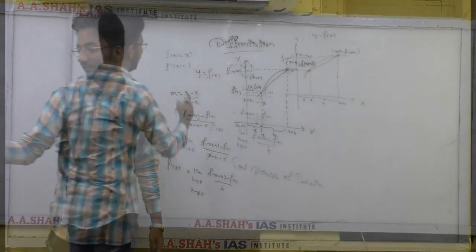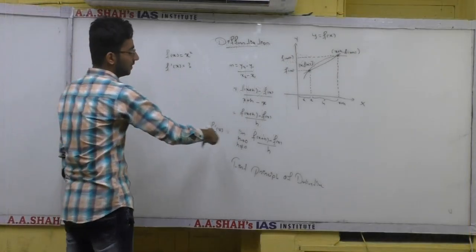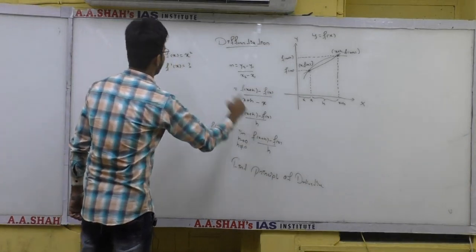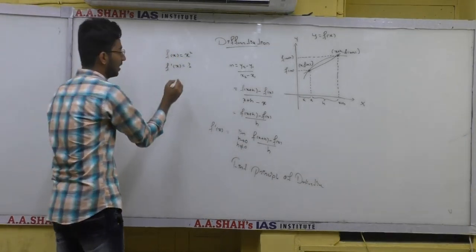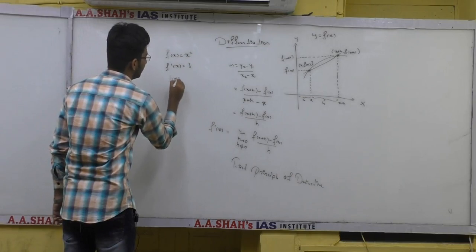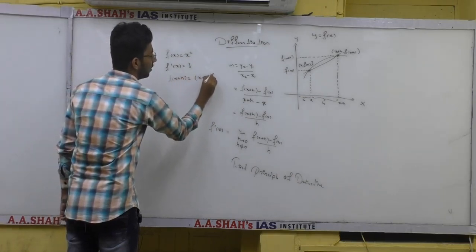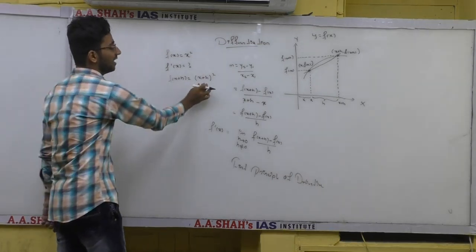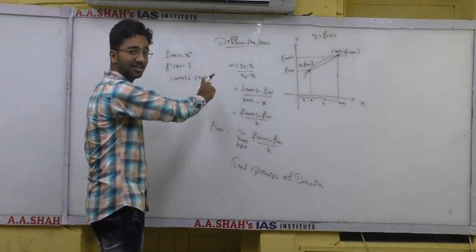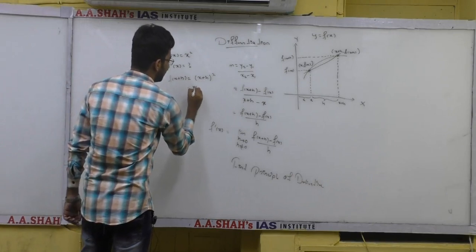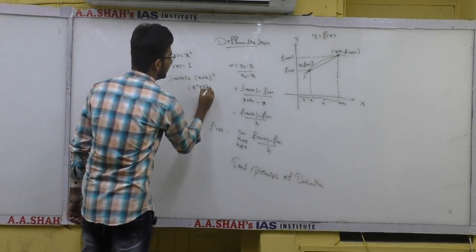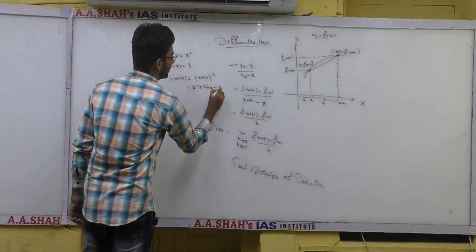Now for finding the derivative of x square, we want f(x plus h) and f(x). We have f(x) as x square, so f(x plus h) will be (x plus h) the whole square. This is of the form (a plus b) the whole square, which is a square plus 2ab plus b square.